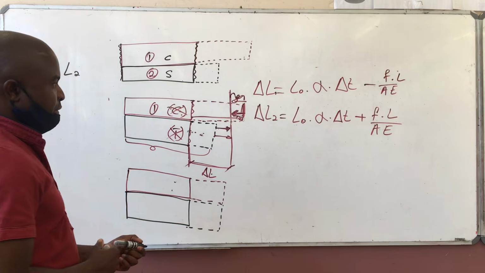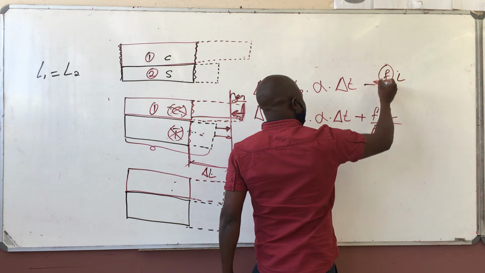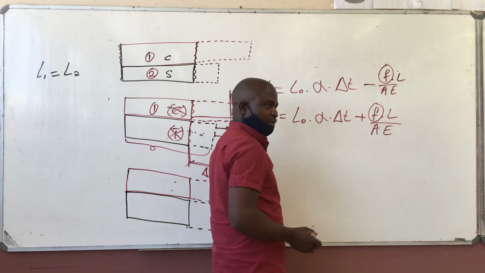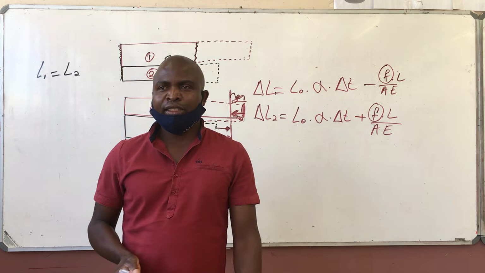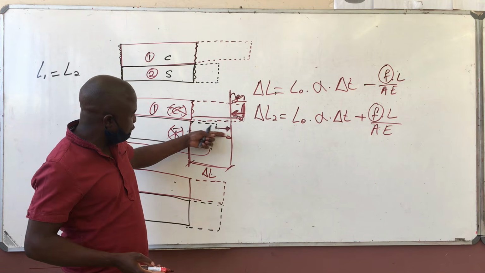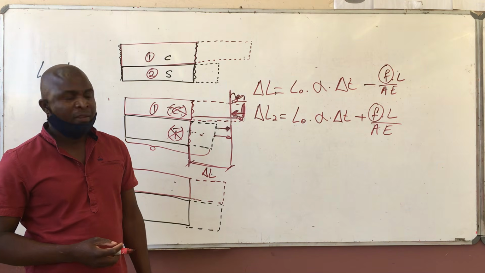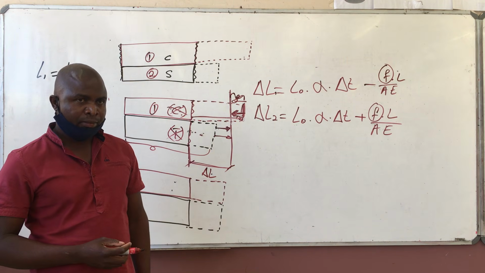The question is, is this force different from this force? The force is the same, yes, because the force which is pulling forward is the same force which is pulling backwards there. So the force is the same.